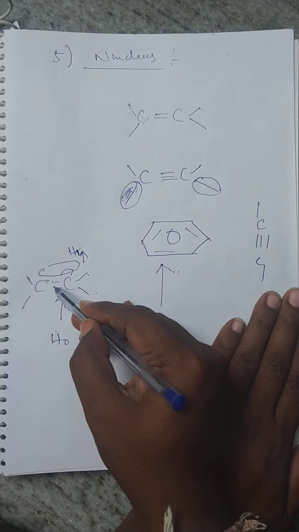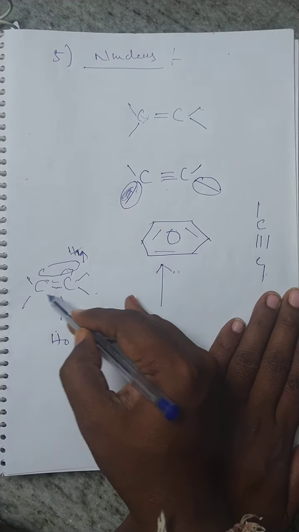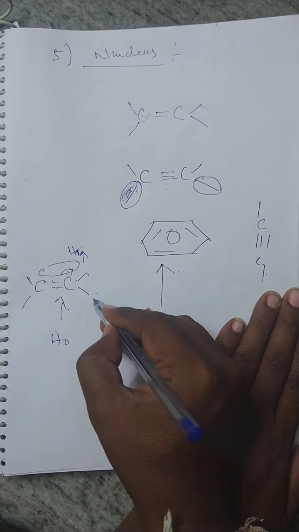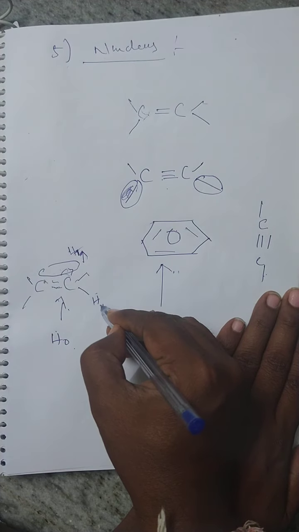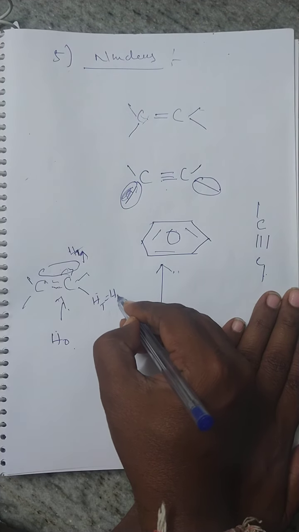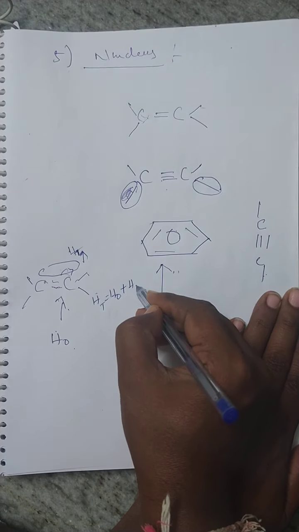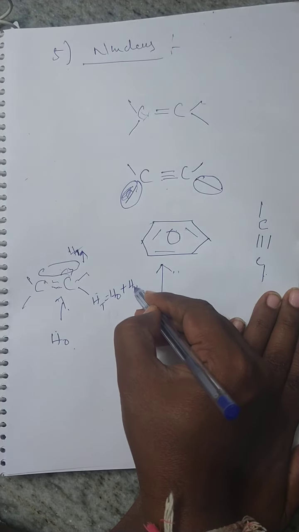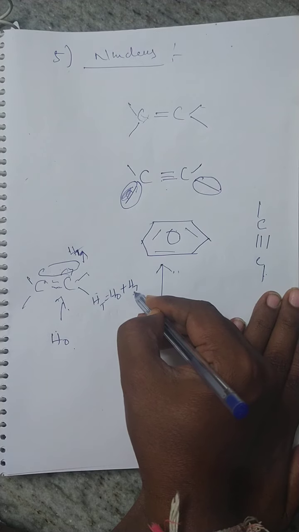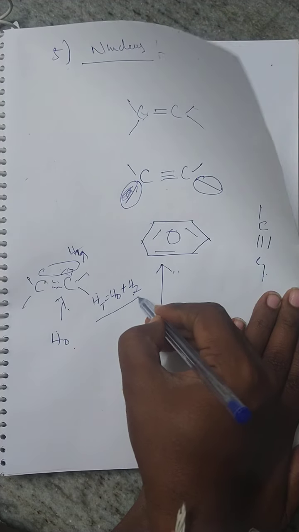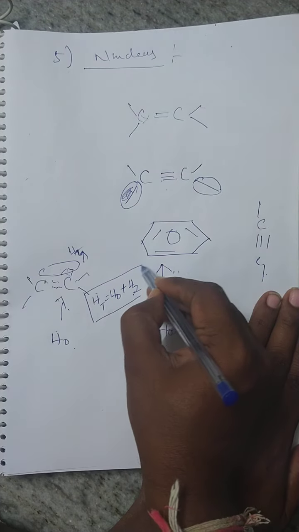Hence the total magnetic field experienced by this nucleus will be equal to H applied plus H induced, the secondary magnetic field induced due to pi electron movement, right?